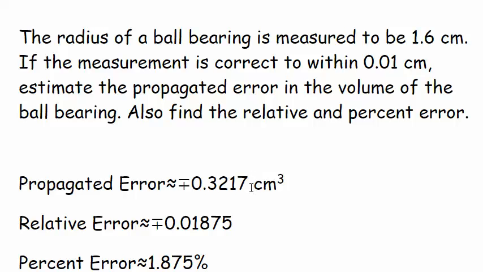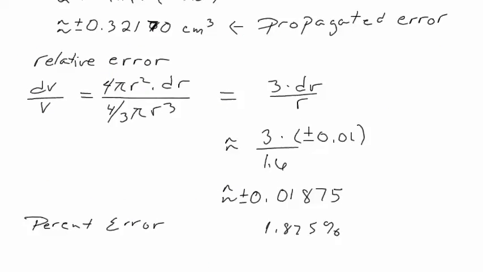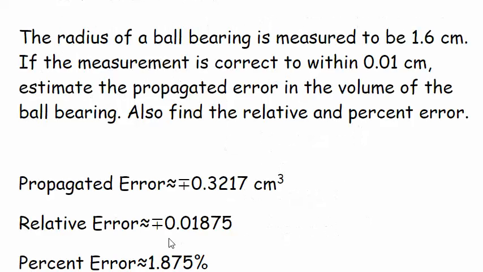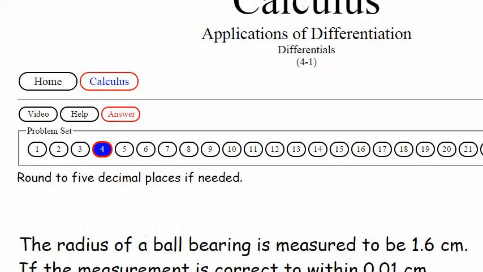It doesn't put the 0 there for some reason, but good enough. We got relative error, plus or minus 0.01875. Somebody truncated the 0 off there, but it doesn't matter. And then of course, just multiply it by 100, and you get the percent error. So that's how you do that. It's not too bad.